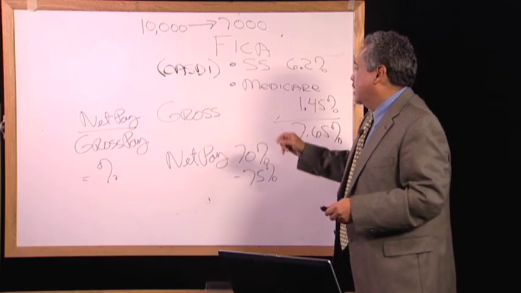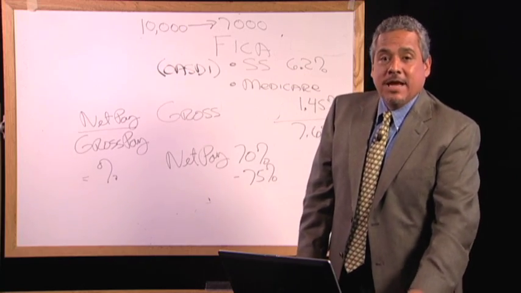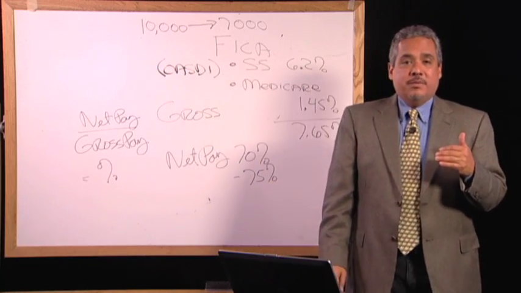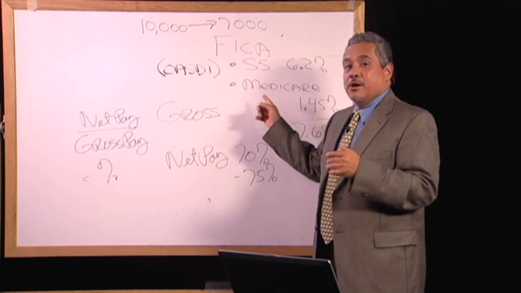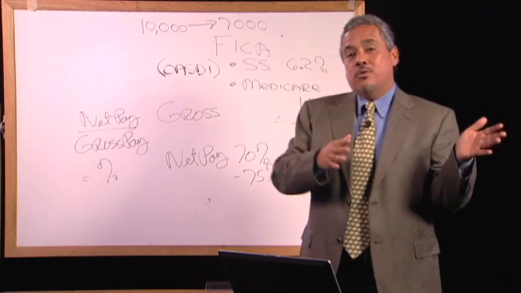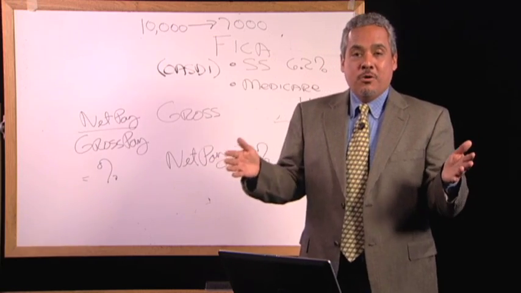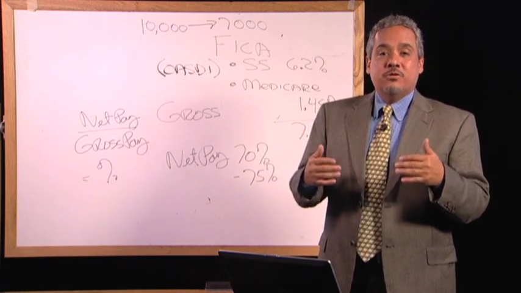So let's talk about Social Security. Now, not everybody pays into the Social Security system. Everybody pays into Medicare, but not into the Social Security system. For example, teachers at school districts, some state employees, some government employees, railroad employees, they do not pay into the Social Security system.